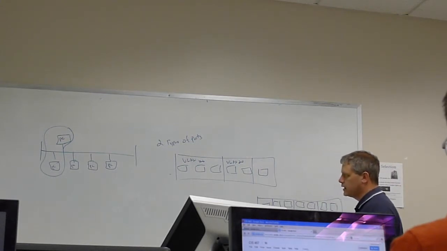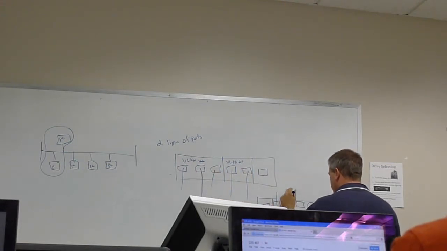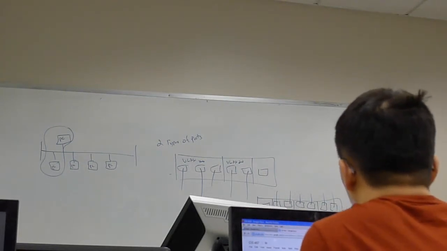Okay? I have individual devices that are tied to them: PCs, printers, servers, whatever, right? Each one of these ports is an access port because it's tied to one single VLAN.